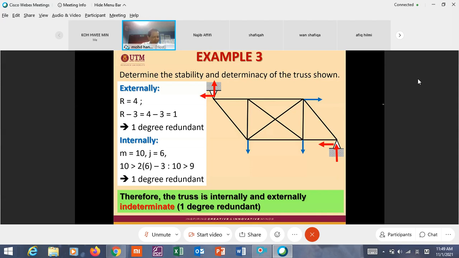Alik Hilmi. What is your first name, Alik Hilmi?